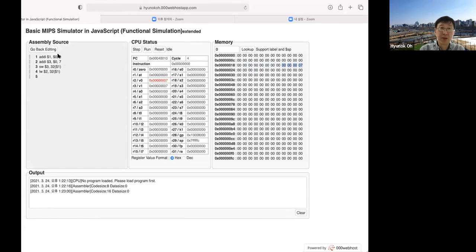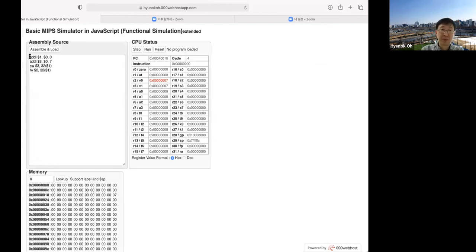Okay, then can you store the data onto the 1032 location and then load the value? Can you do it? Store 7 into address 1032.